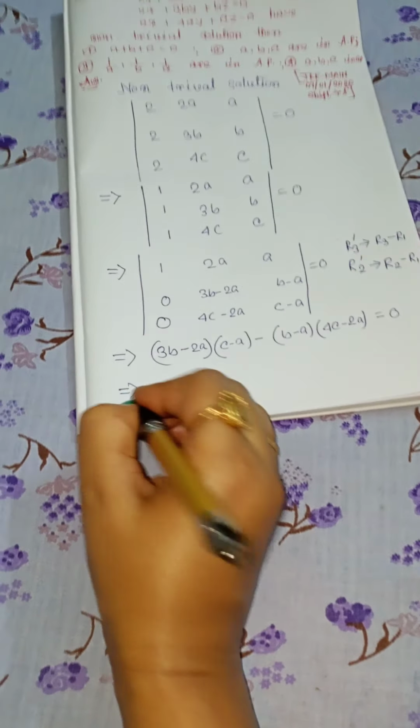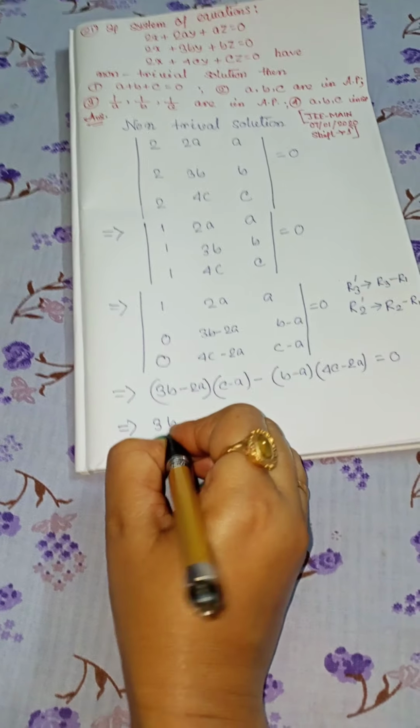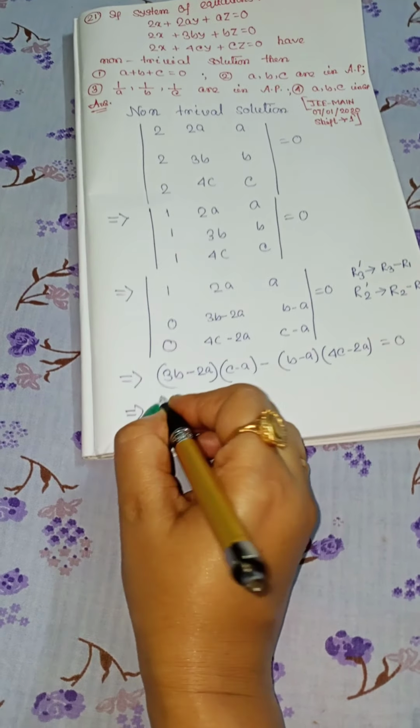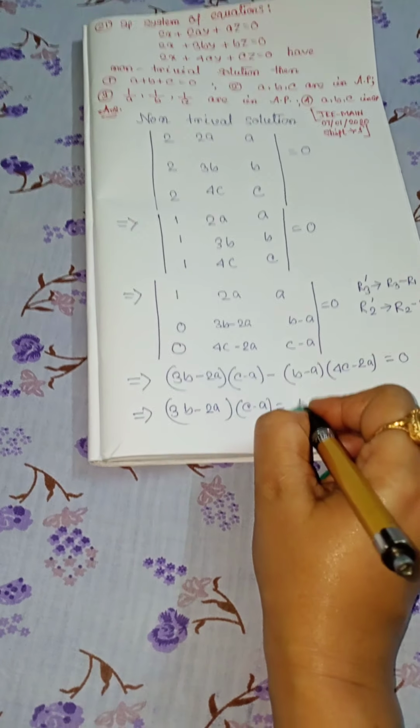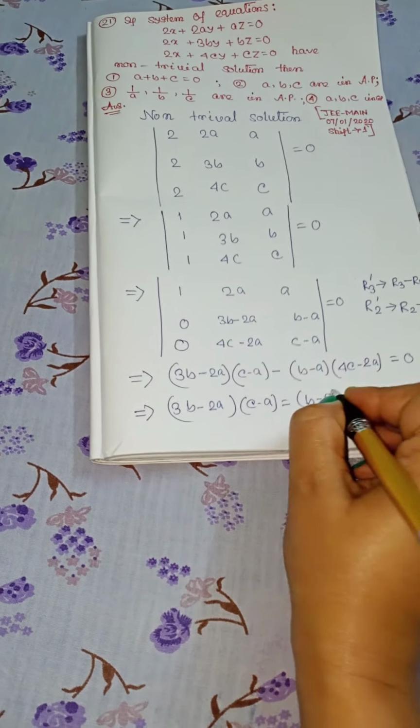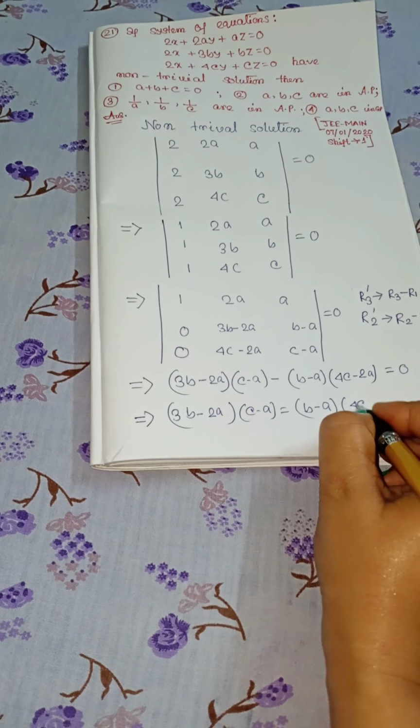That implies 3b minus 2a into c minus a is equal to b minus a into 4c minus 2a.